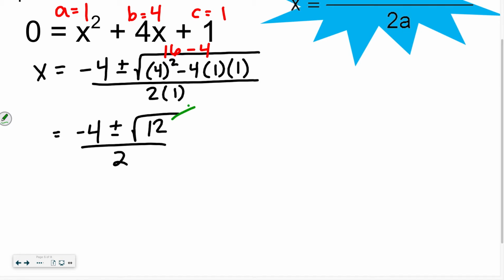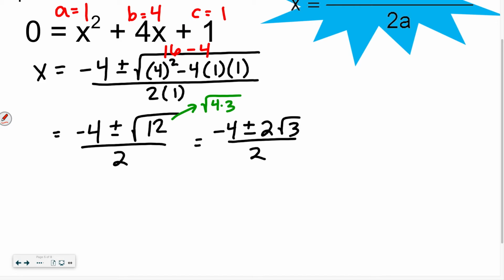So the square root of 12 is really the square root of 4 times 3. We've seen this one a couple of times in chapter 3 already. So that's negative 4 plus or minus 2 square root 3 all over 2. And then you can now check to see if you can reduce.